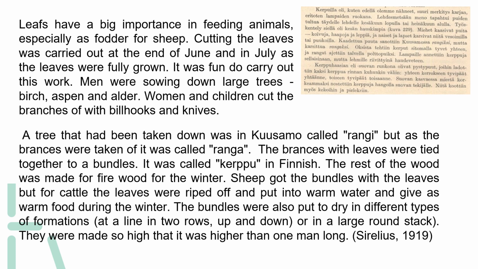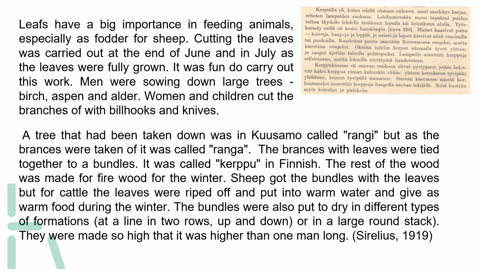In the Kuusamo region, which is quite high up in Finland, when you had taken down the tree, it was called rangi, but when you had taken off all the branches, it was called ranga. These branches with leaves on were tied together into bundles, and the Finnish word for this is kerppu.